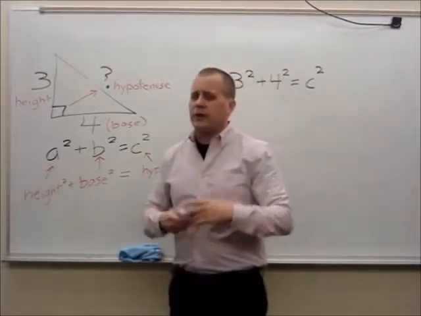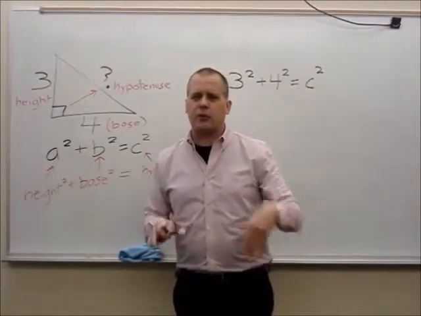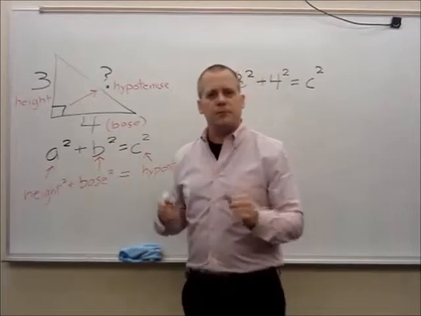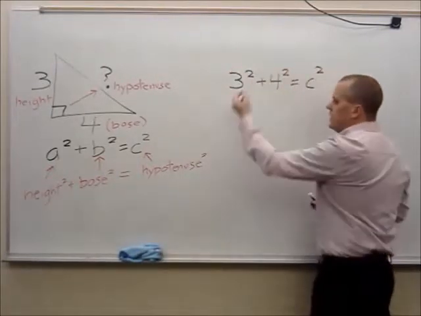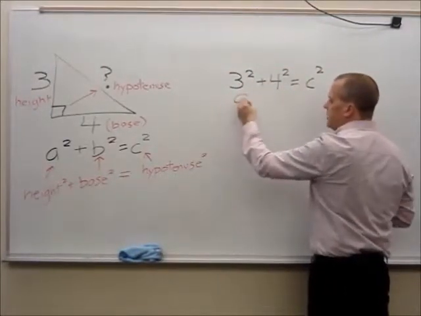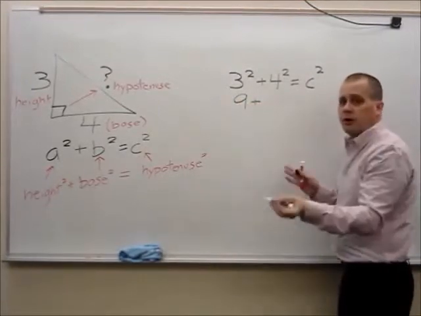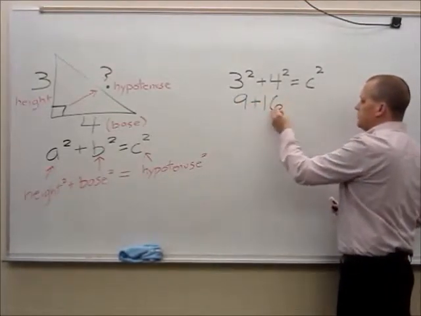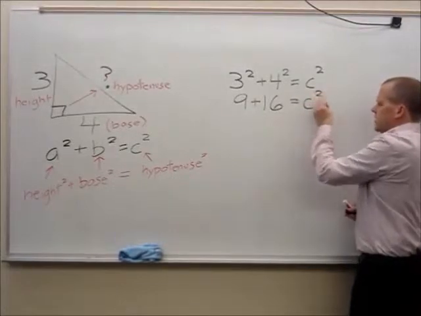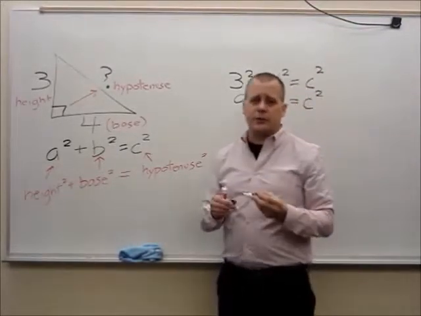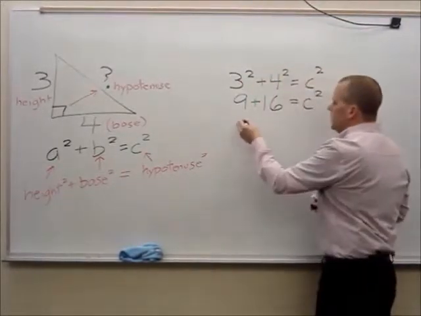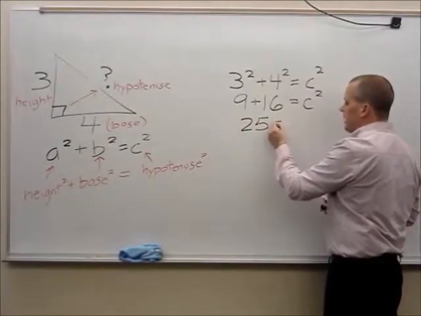Okay? Whichever way you feel easier. If you want to write out the word hypotenuse so you don't forget, use it. Now, 3 times 3. 3 squared is 9. 4 squared, 4 times 4 is 16, is equal to c squared. I'm going to add these two values up. 9 plus 16 is 25.